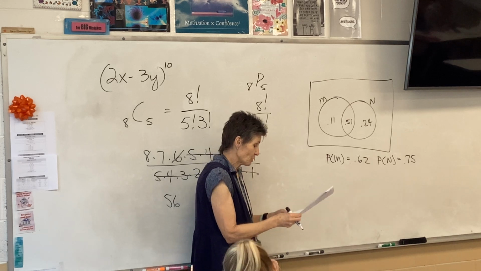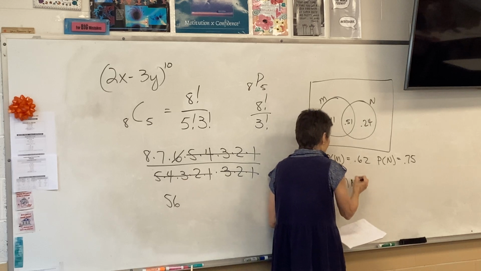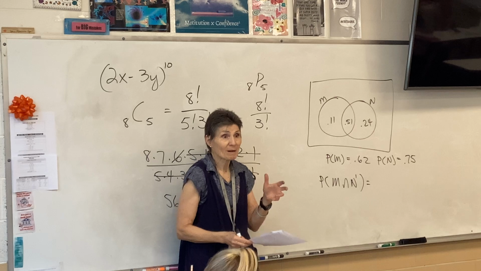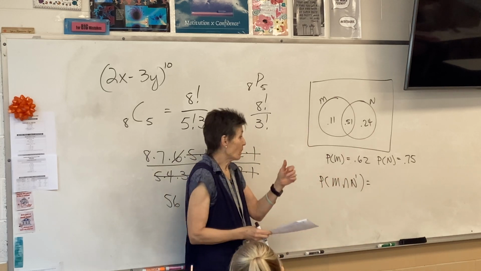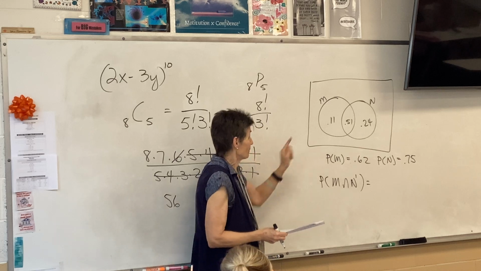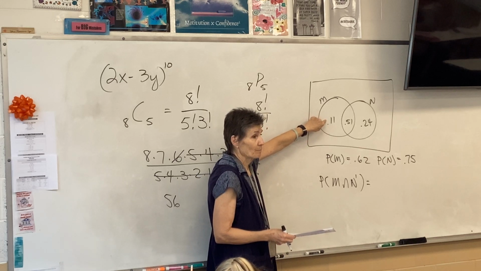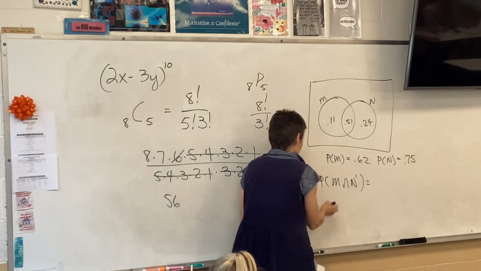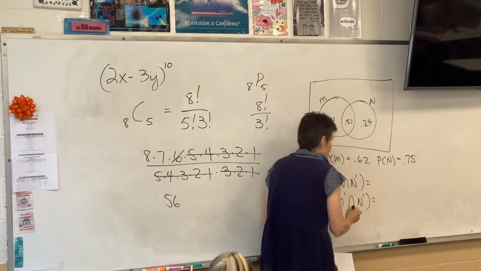So the first question says, what's the probability of M and not N? So another way to think about that is only M. So where are the only M's up here? 0.11, only M. What does this say? Neither.